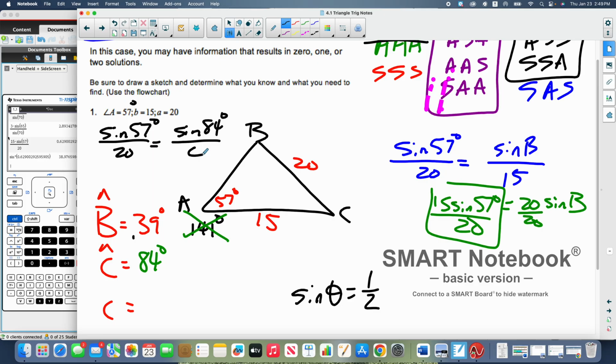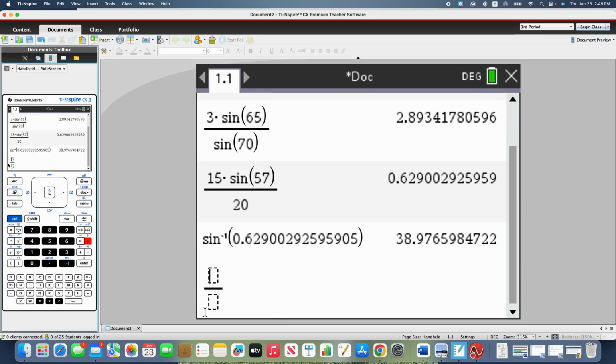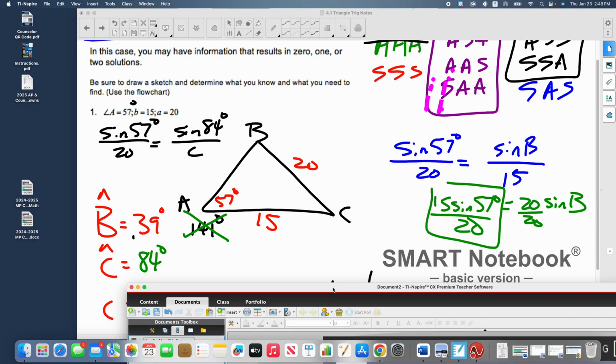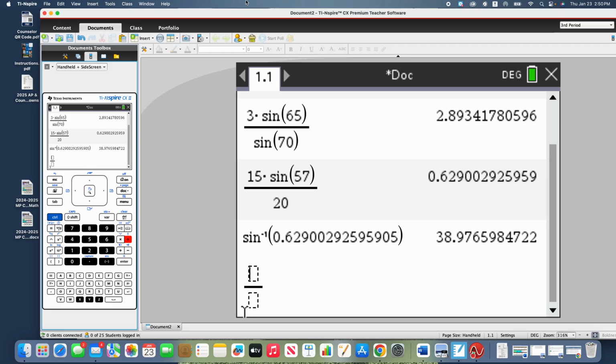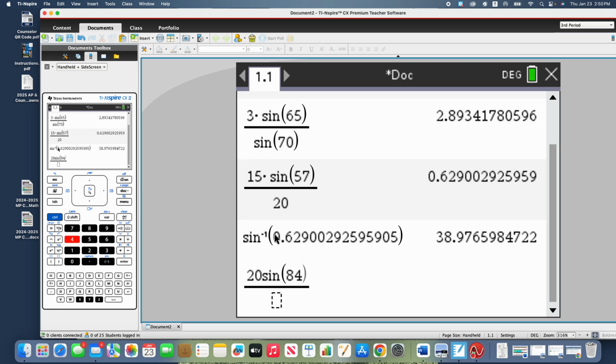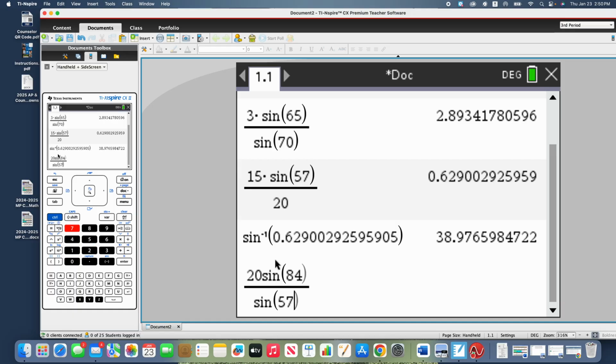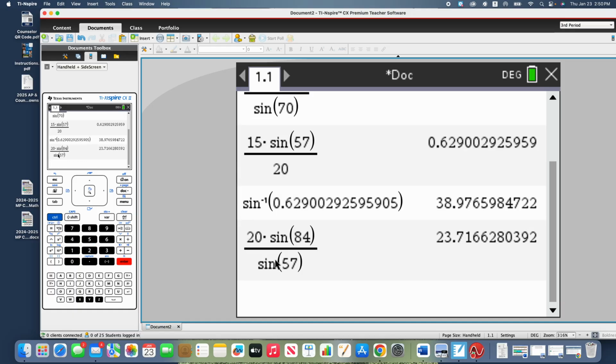So 20 times sine of 84, I said 2, sorry. 20 times the sine of 84 over the sine of 57. And that missing side would be 23.7.